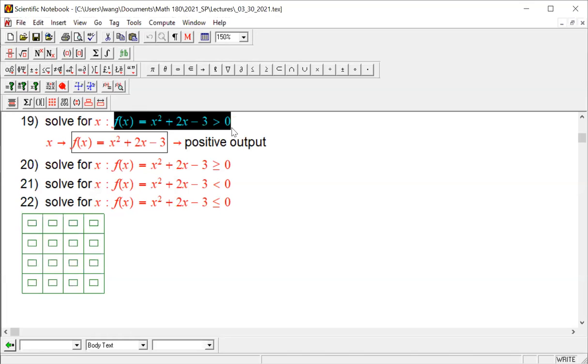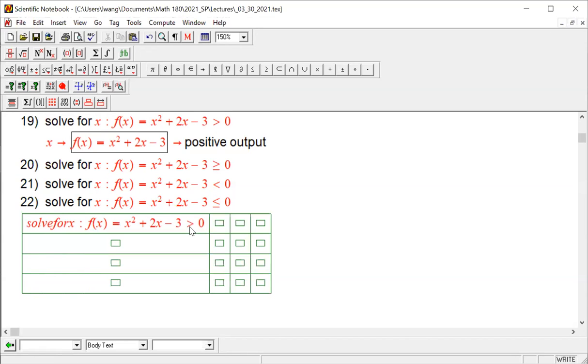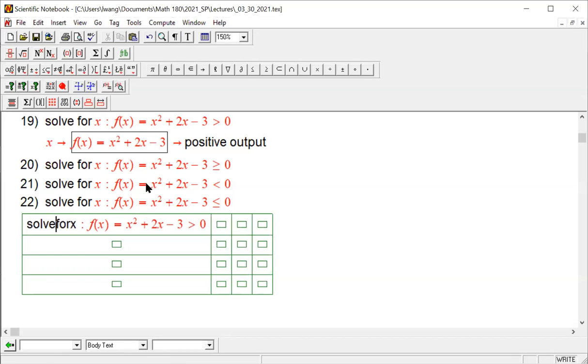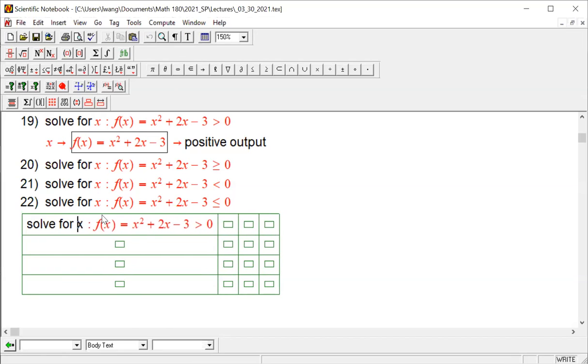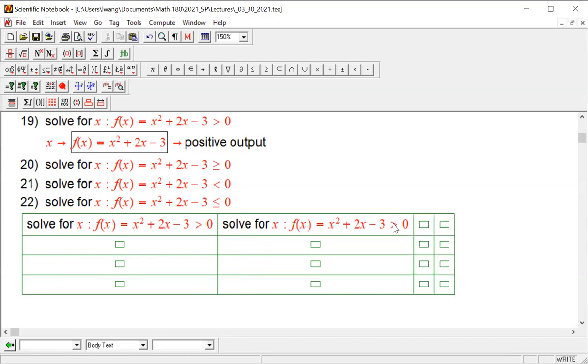For this one, solve for x, larger than or equal to 0.